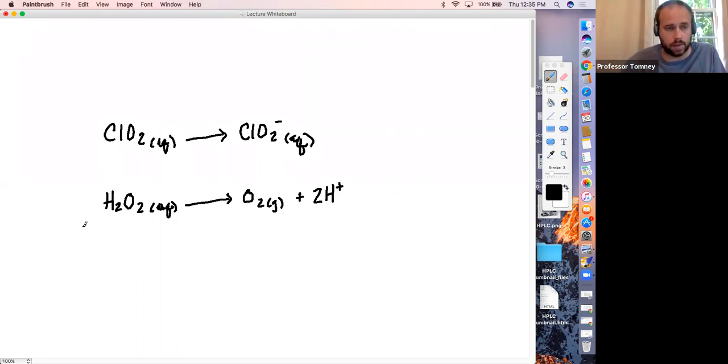The second thing I want to mention is that acidic protons are used for balancing hydrogens, and water is used for balancing oxygens. There was a bit of confusion on Tuesday. Some of the groups were asking me, do we add water in order to balance hydrogens? The answer there is no. Water is not optimal for balancing hydrogens, because any time you use a molecule of water, it comes with an even number of hydrogens, and you may want an odd number at some point.